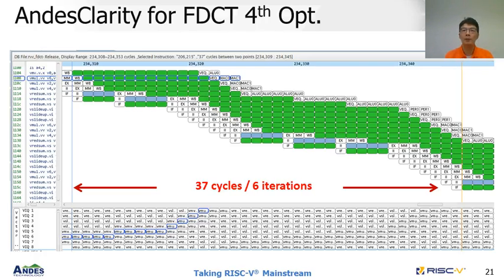We can see now the pipeline diagram becomes more compact with fewer stall cycles, and you can see the timing is dominated by the non-pipelined reduction sum instruction in the center of the window.